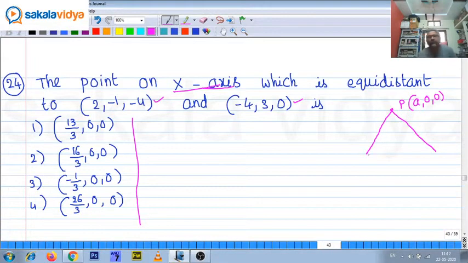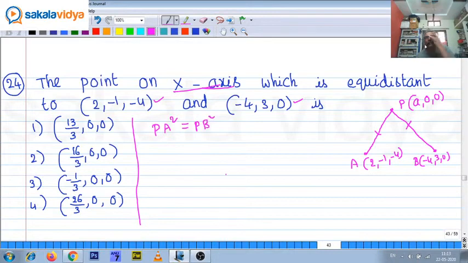Am I correct now? Now A coordinates are 2, -1, -4. Now the B coordinates -4, 3, 0. Both points are located equidistant from P. That means PA equals PB. So we can write here PA square equals PB square.